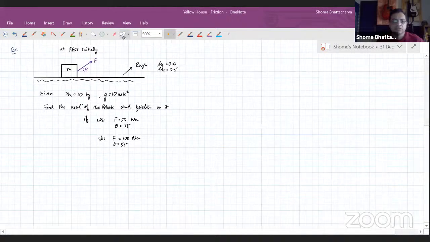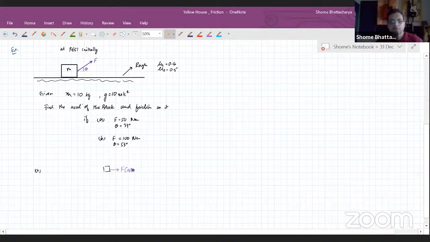The method of making the free body diagram will be common for both the parts. So you divide your force F into two components. Horizontal component F cos theta.